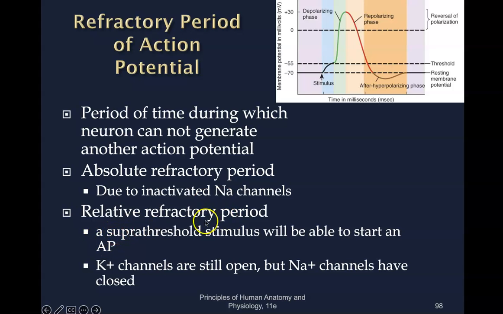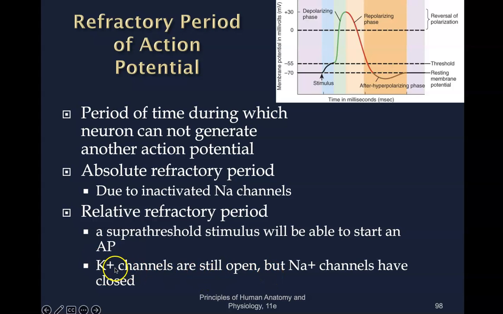And the relative refractory period is because of this hyperpolarizing effect, which means it takes what we call a super threshold stimulus, a really strong stimulus, to cause not just this change right here, but now this change here. So we call that a super threshold stimulus to start that next action potential.